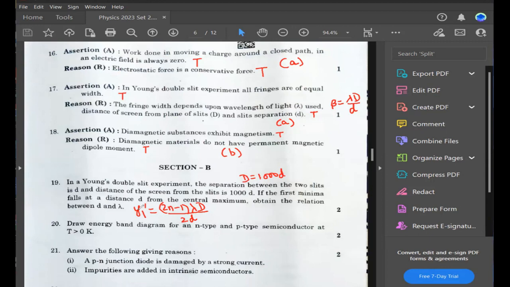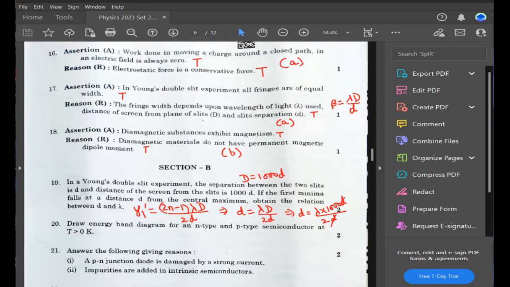Here y1 dash is given as small d because the first minima is falling at d. So substituting y1 dash as d, and for n equal to 1, 2 into 1 minus 1 is 1, lambda into capital D upon 2d. Capital D is 1000 small d. So d is equal to lambda into 1000 d upon 2d.